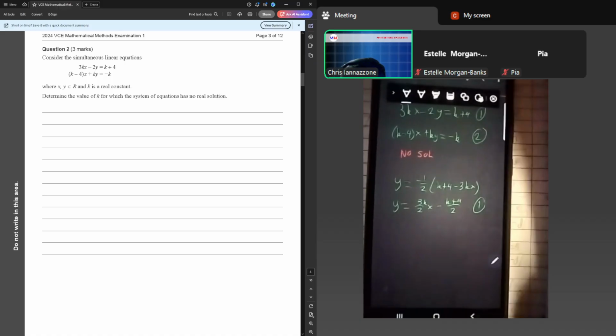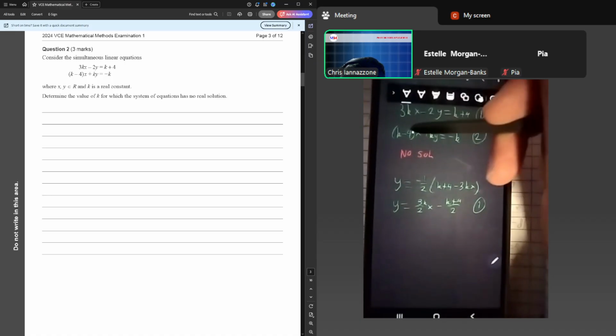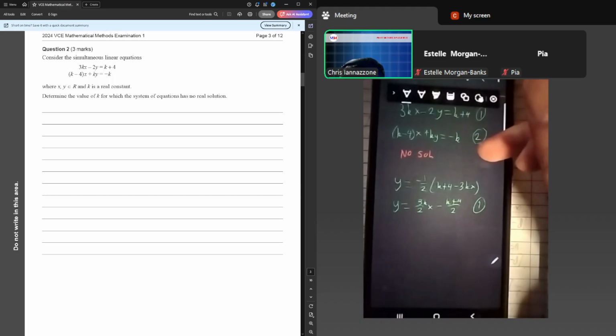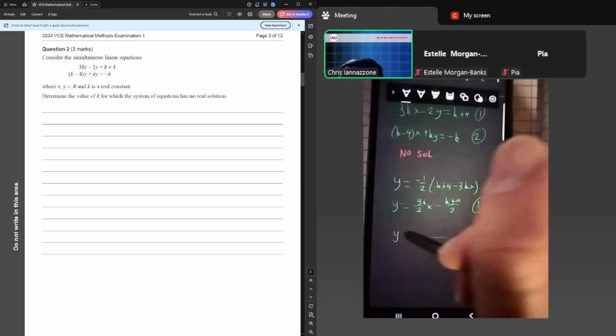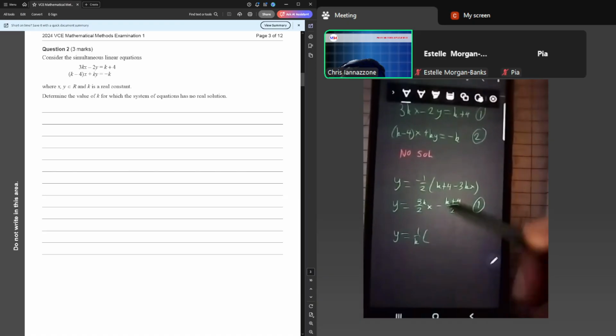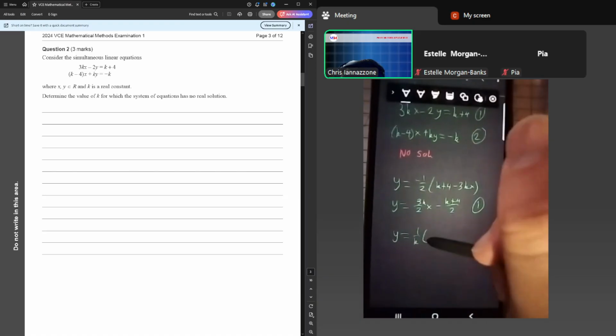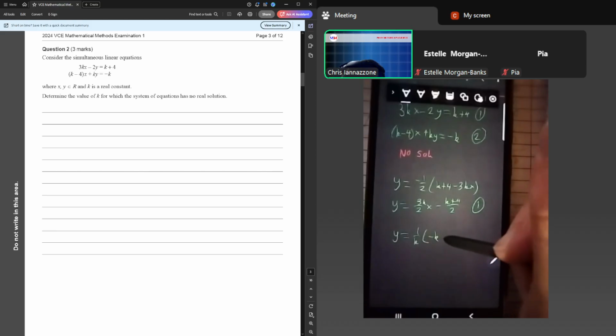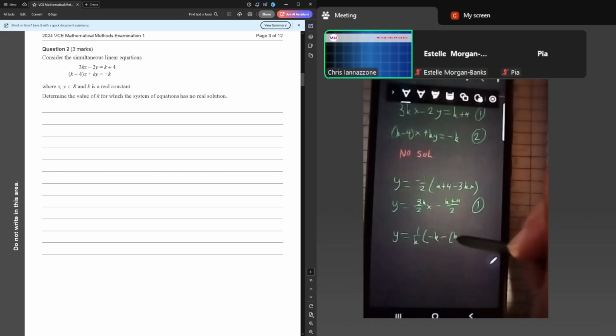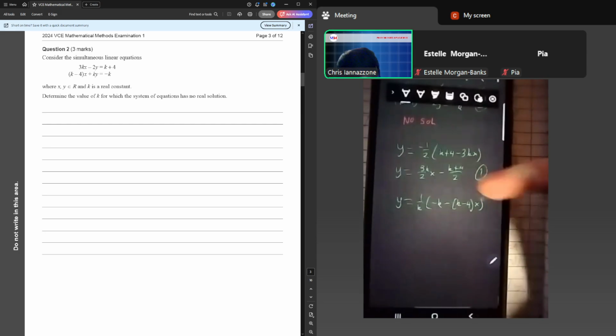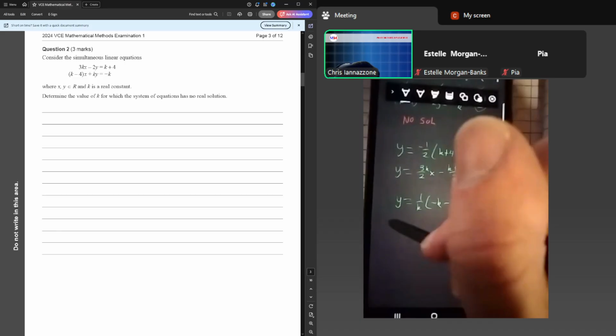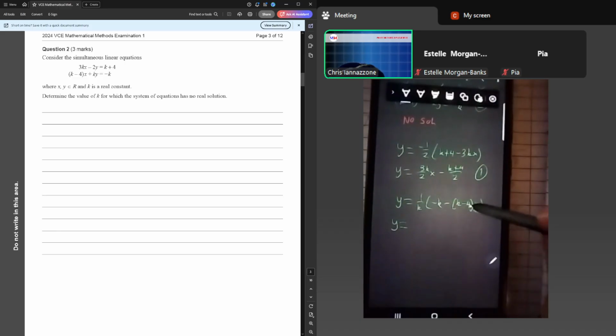That's our equation 1, and then equation 2, a very similar thing. Subtract this, divide by k, so we're looking at y equals 1 over k, still got the negative k from before, minus bracket k minus 4x, and then again, just for simplicity, we'll rewrite it as y equals mx plus c.